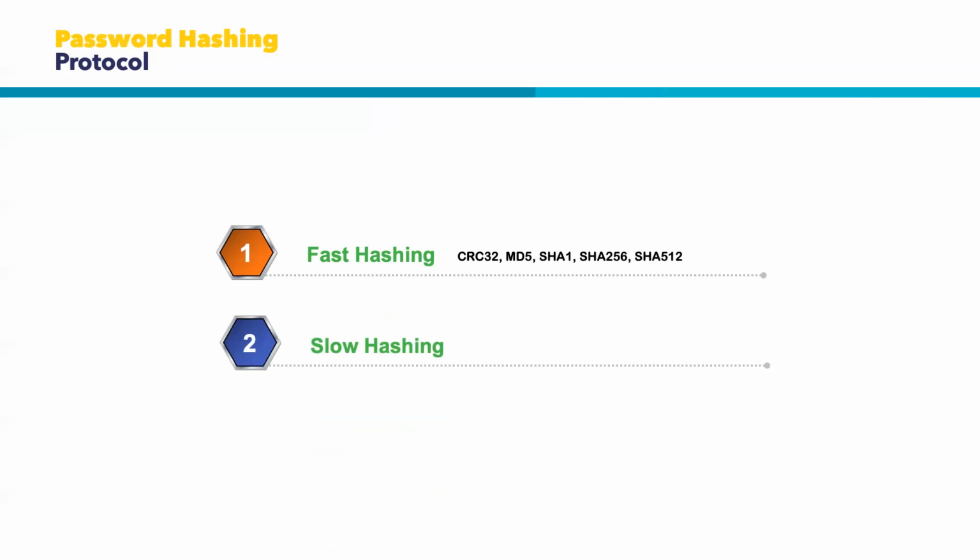If you look at fast hashing, I think you're familiar with some of it. CRC32. Most of you are already familiar with it because it is the hashing mechanism used in files. A few years ago, you might have encountered corrupted files and seen a CRC32 error, right? I think most of you are familiar.